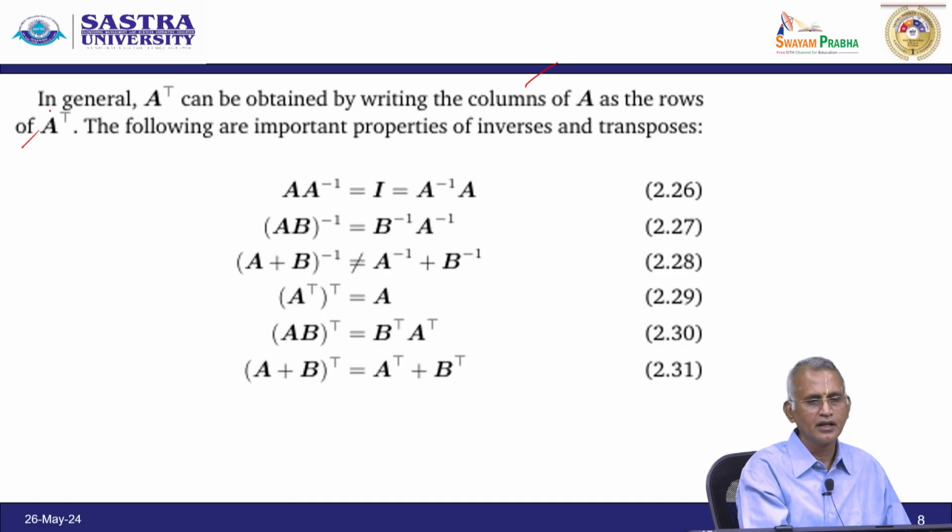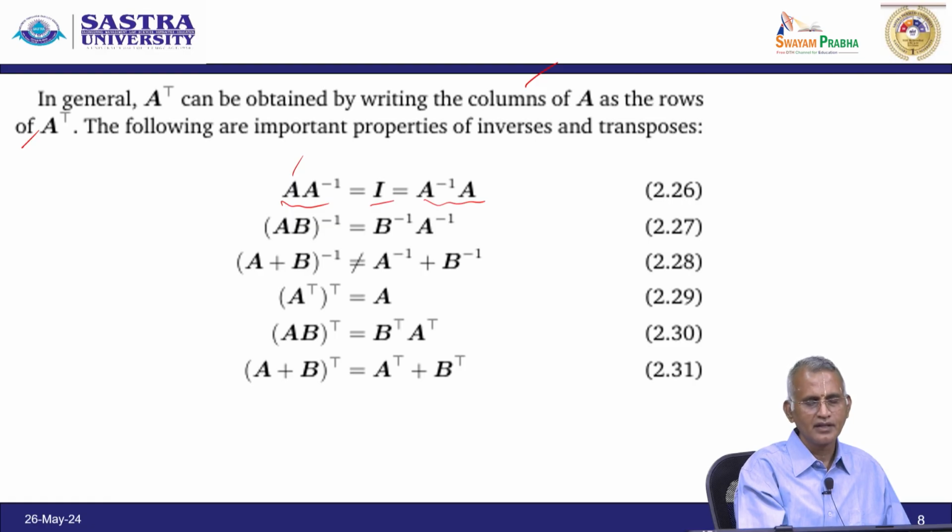The following important properties of inverses and transposes exist. Suppose you take a matrix A of n×n and A inverse, the inverse of A. Multiply them, identity comes, and then definitely A inverse into A also exists. So, these are the properties of an inverse matrix.